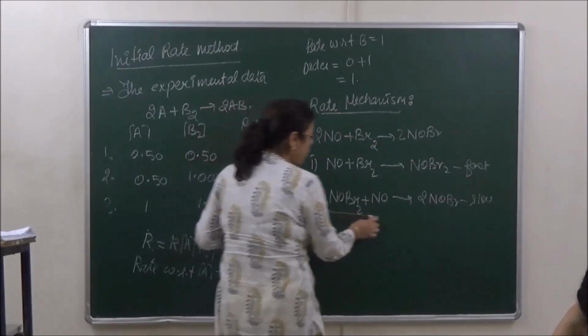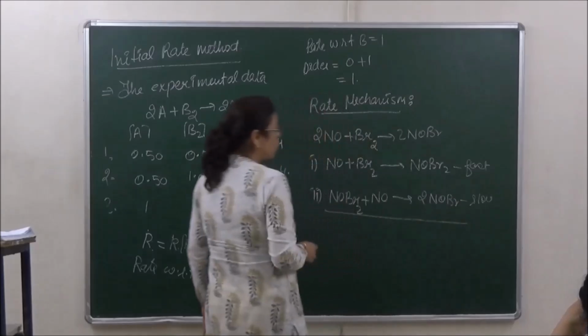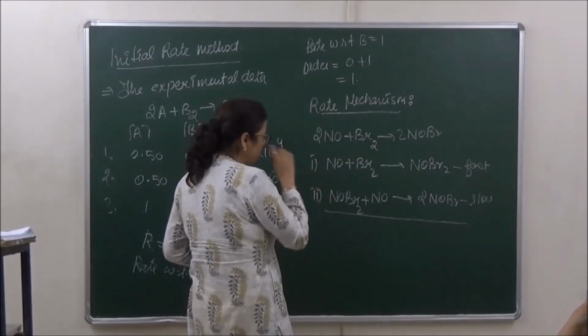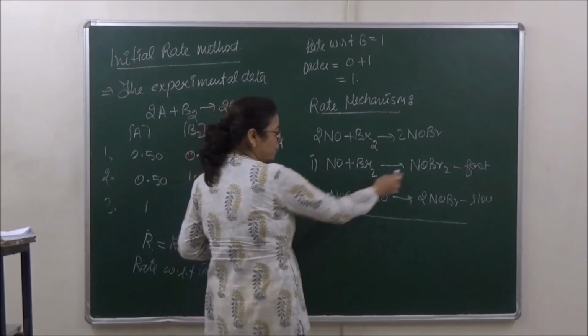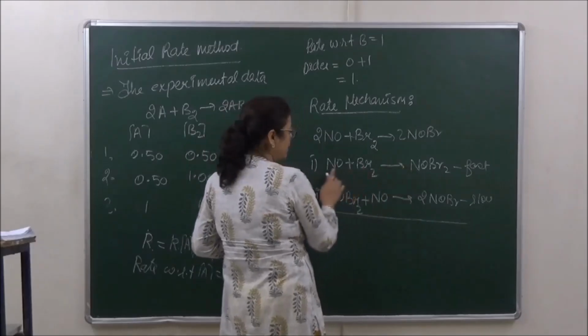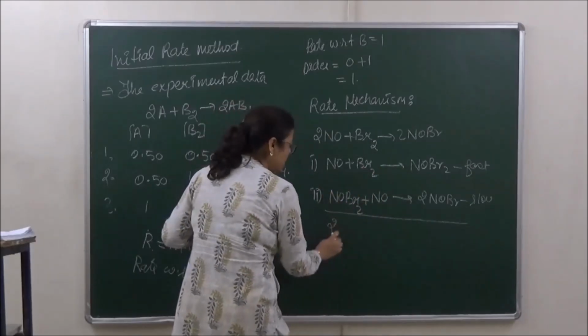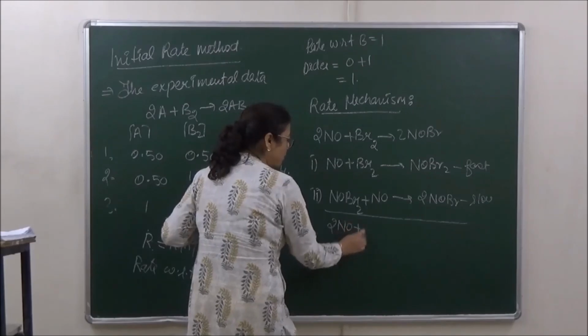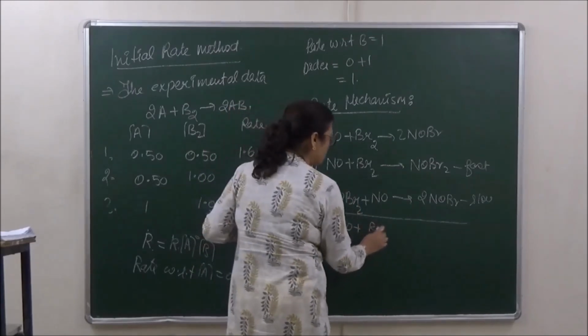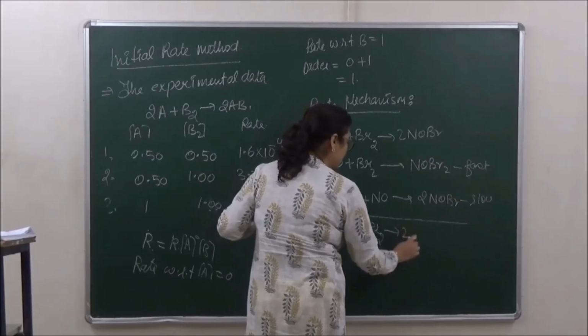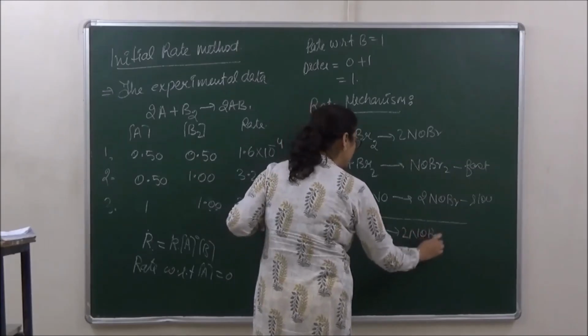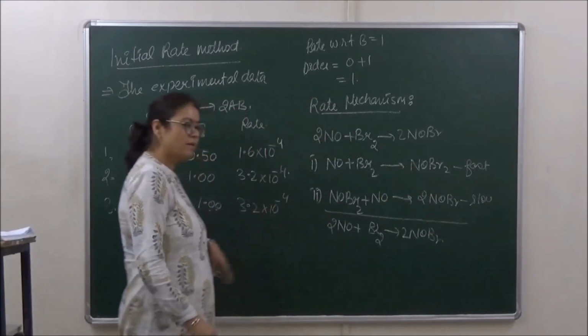So if we are looking at the overall reaction over here, NOBr2 and NOBr2 get cancelled. We have NO plus NO, that is 2NO plus Br2 to give us 2NOBr. Okay?